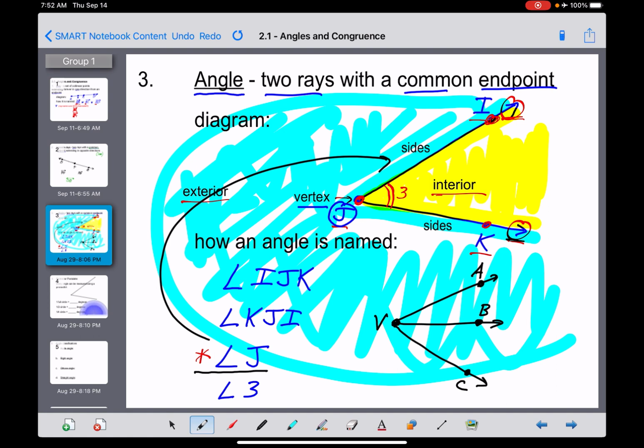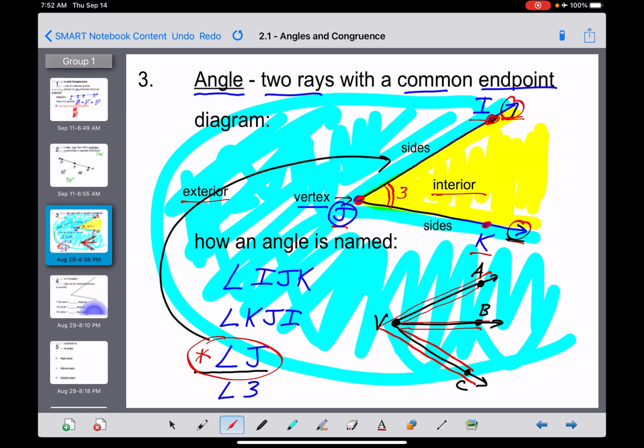But with this diagram I drew in black here just a second ago, if I were to ask you guys which angle is angle V, V being our vertex, I might be talking about this angle right here, angle AVB. Or I might be talking about this angle here, angle BVC, or there's a third one here, I could be talking about angle AVC. So there's actually 3 different angles here in this diagram in black, and they all have their vertex at point V. So in that situation right there, you would not want to just name your angle by its vertex because there's some confusion right there.